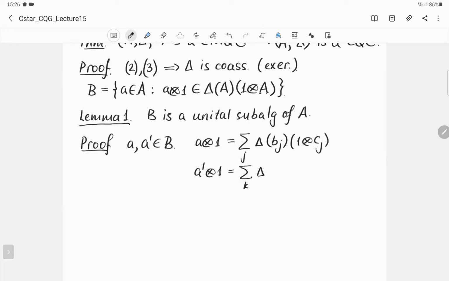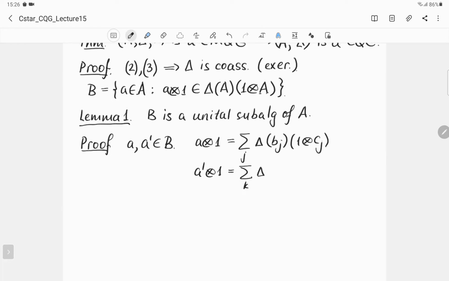This is the sum over j of delta of bj multiplied by a prime tensor 1 and by 1 tensor cj. So here we use the simple fact that these two elements, this one and this one, obviously commute.